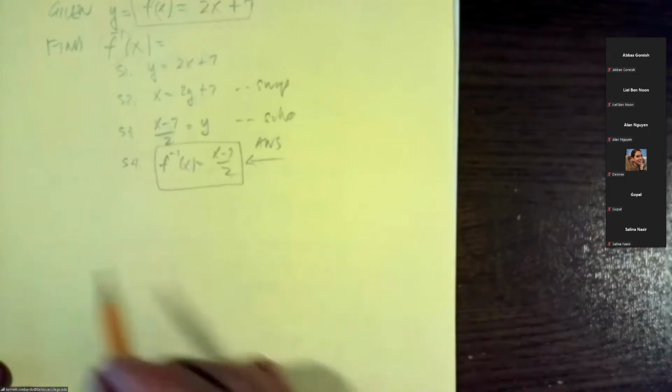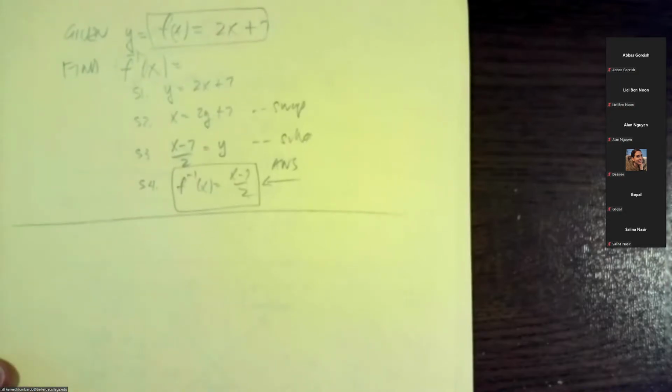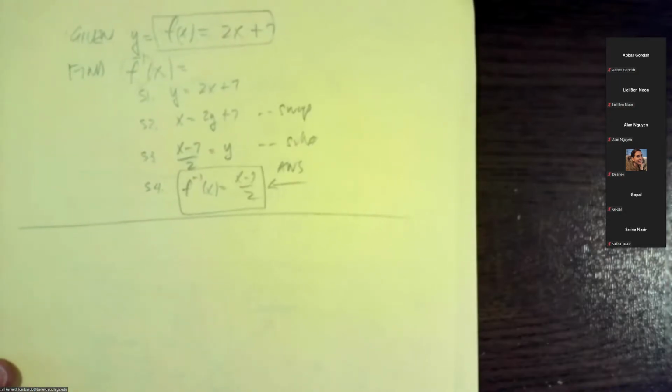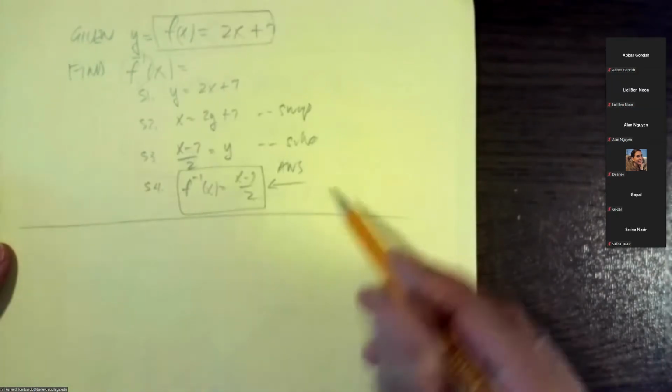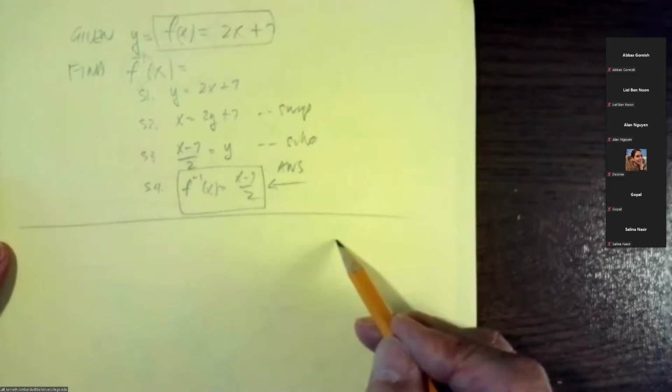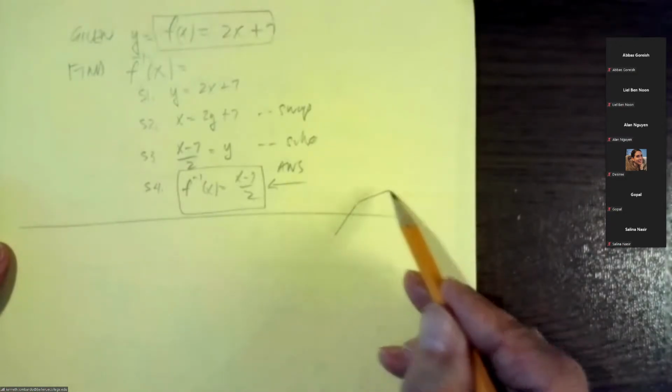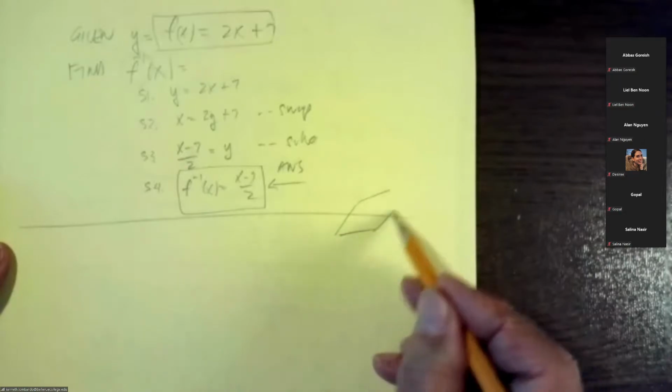Professor, I have a question. I'm trying to understand what is the purpose of the inverse function. I'll show you some graphs in a bit, but we might have a function that looks like this and the inverse looks like that.